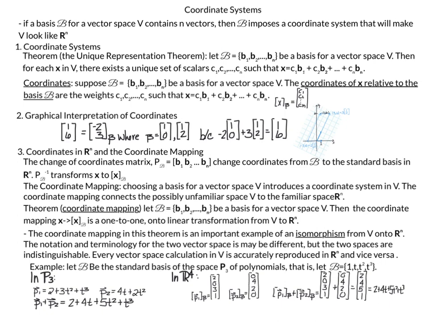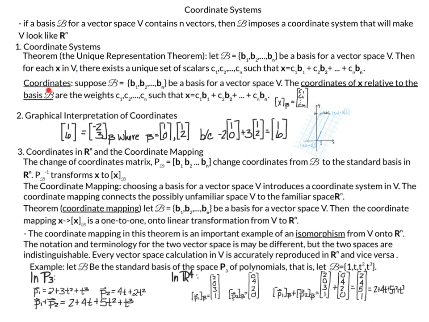B was a basis consisting of the vectors b1, b2 up to bn for a vector space V. Then for each vector x in the vector space, there exists a unique set of scalars, c1, c2, up to cn, such that x can be written as a linear combination of our basis vectors. In other words, x is equal to c1b1 plus c2b2 up to cnbn.